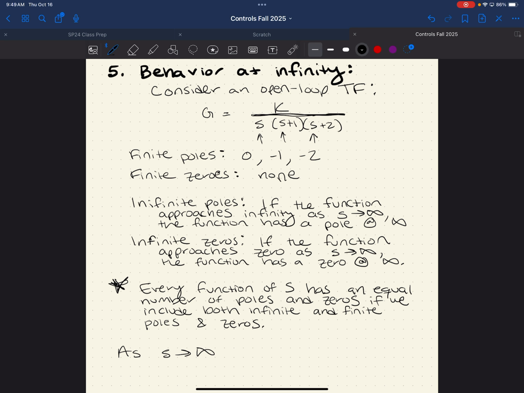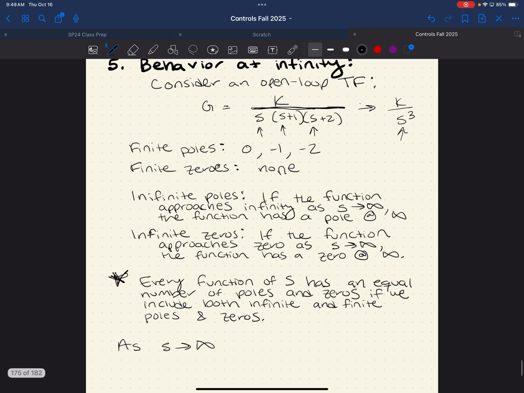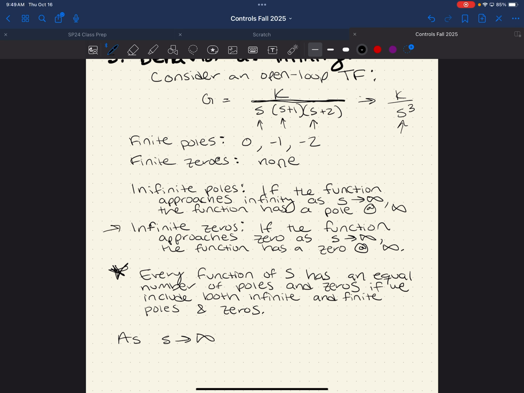So when we plug in infinity, we really get something like k over s cubed, because those poles are all very, very close to infinity. So each one of those infinities, dividing any number into an infinite number of parts, is going to make all those parts really, really tiny. They're going to go to 0, right? So each one of these s's independently is going to cause this whole transfer function to go to 0 as s goes to infinity, which is the criteria for our infinite zeros.